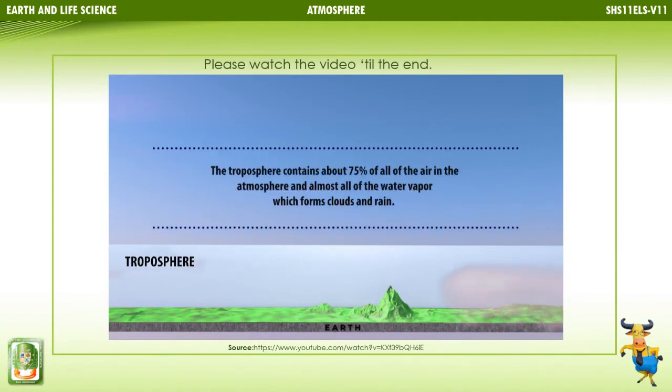The troposphere contains about 75% of all of the air in the atmosphere and almost all of the water vapor, which forms clouds and rain.